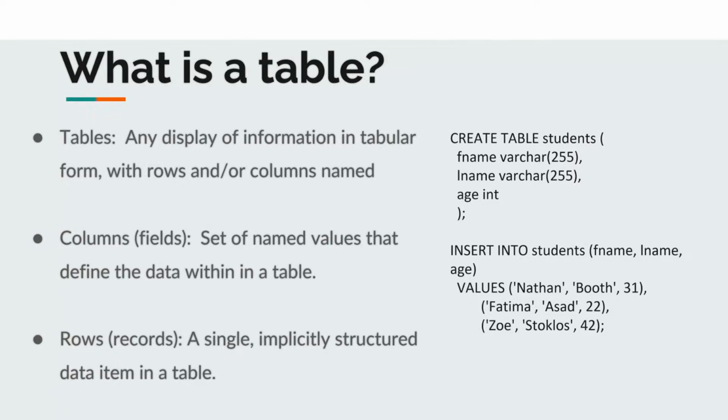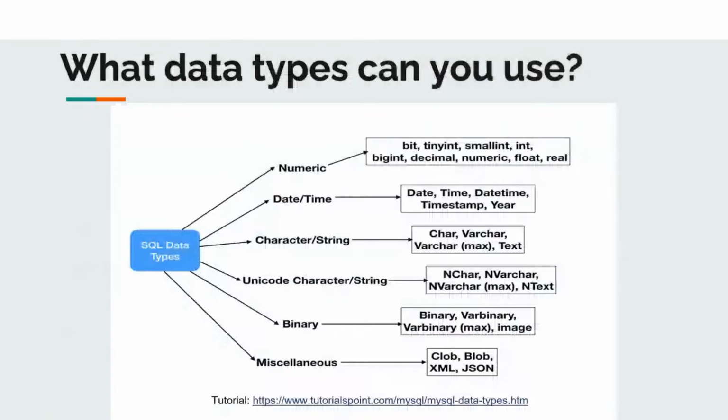Okay. So what types of data types can you use within a relational database table? There are a number of them. We talked about them as an introduction to this lecture, but this is a more comprehensive look at it. You can have numeric, date and time values, character and string values.